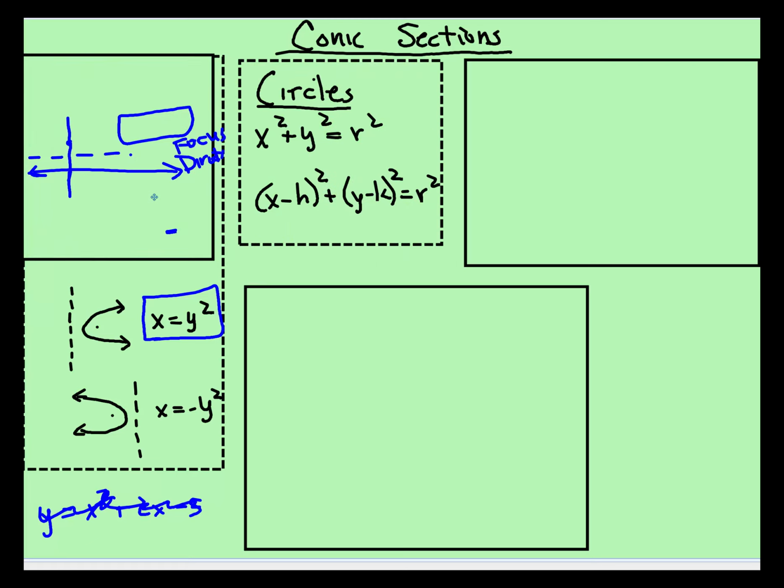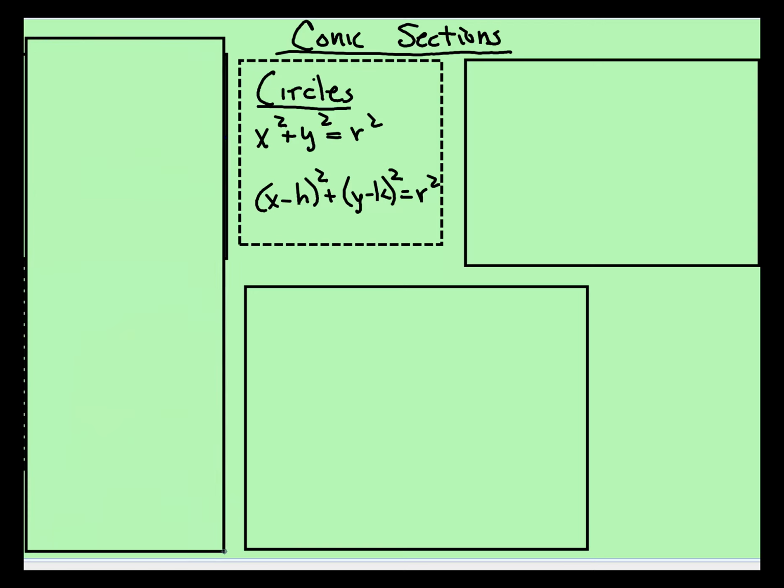The next type of conic section would be circles. Notice this is the equation of a circle: x squared plus y squared equals r squared, if it's centered at the origin.